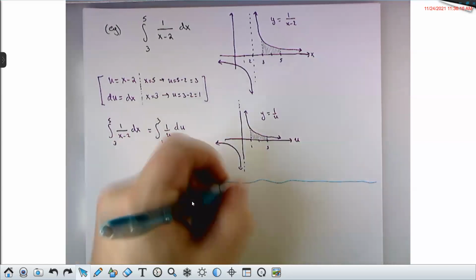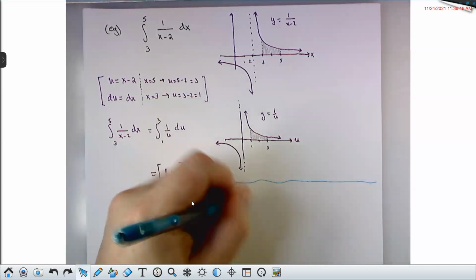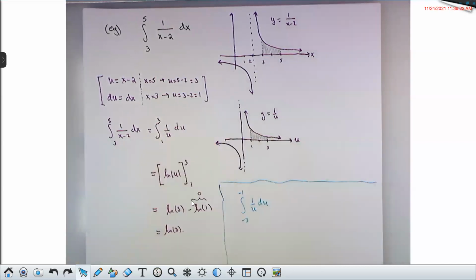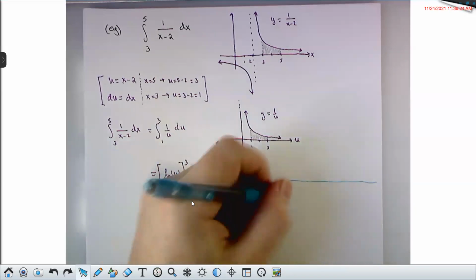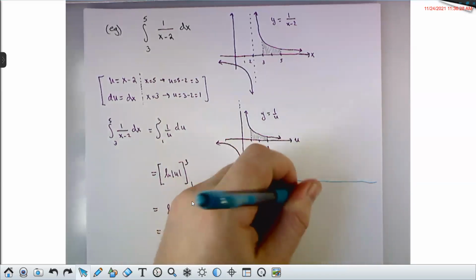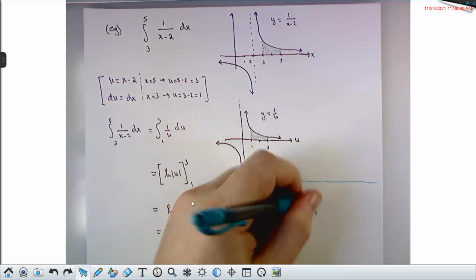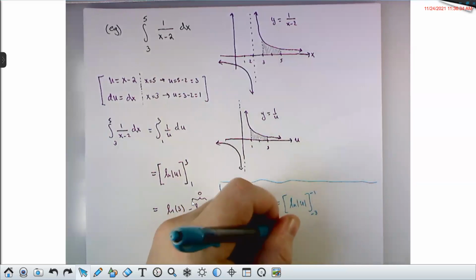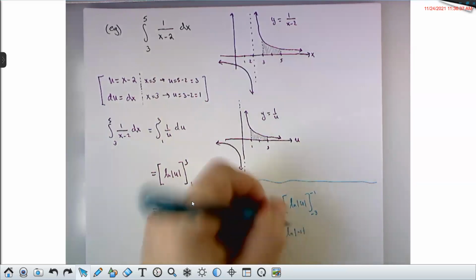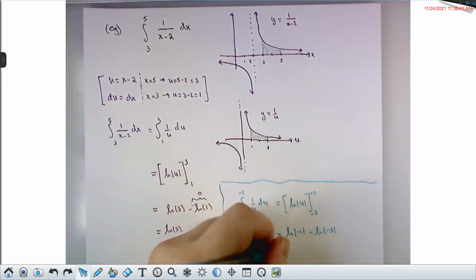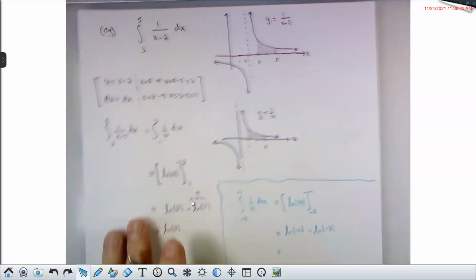Yeah, so if we wanted to integrate from like -3 to -1 of 1 over u du, we could do that. And this would come out to the ln of the absolute value of u from -3 to -1. That would be the ln of the absolute value of -1 minus the ln of the absolute value of -3. And then I would make them separate steps here.